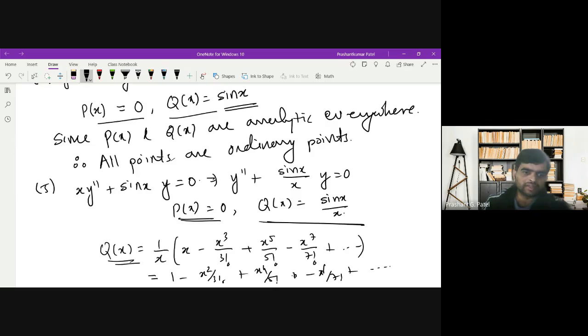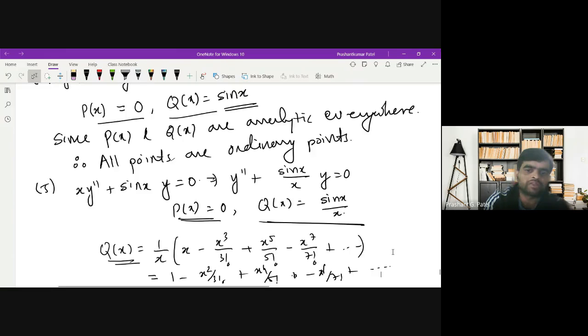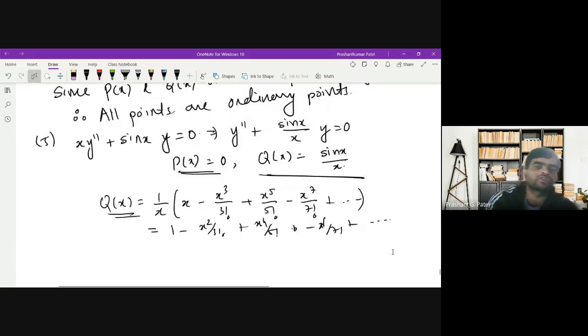So I can say that this q of x can be expressed as a power series. Can we say that? Yes, sir. So that means q of x is an analytic function at the point x equal to 0.